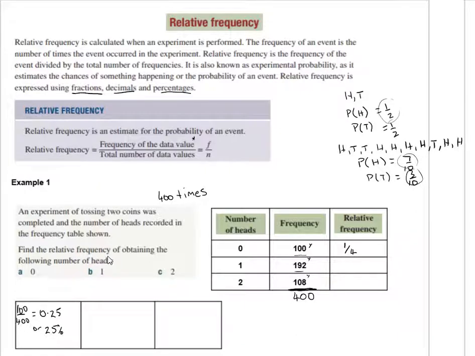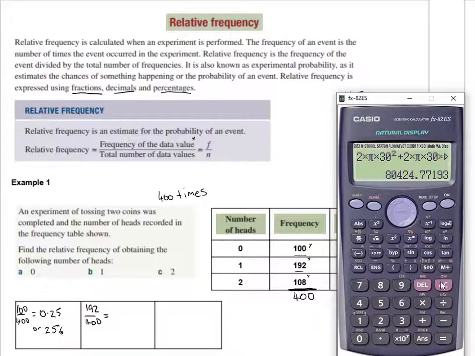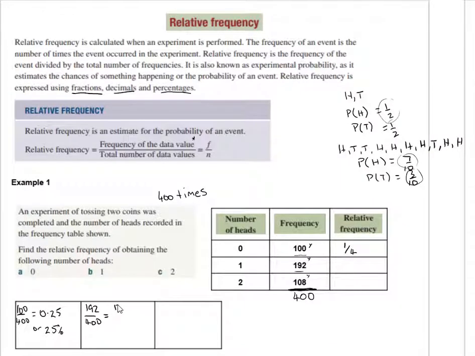Now, find the relative frequency of obtaining one head. Okay, so that's going to be 192 over 400. Now we're going to simplify that in our calculator and do 192 over 400, and that equals 12 over 25.